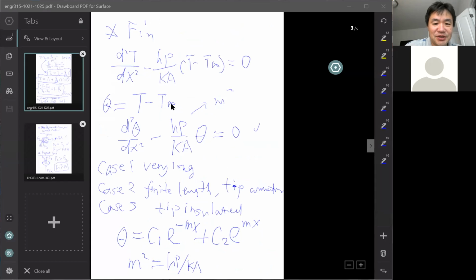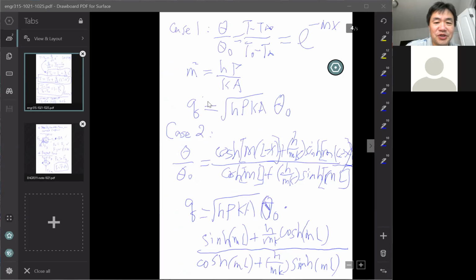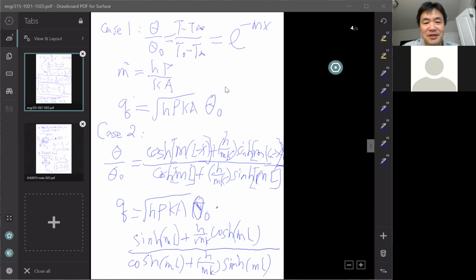Yes, you are absolutely right. Theta is T minus T infinity, the surrounding temperature. Obviously, we use the surrounding temperature as our reference to see how high the temperature is compared to the ambient temperature. So what is theta 0?